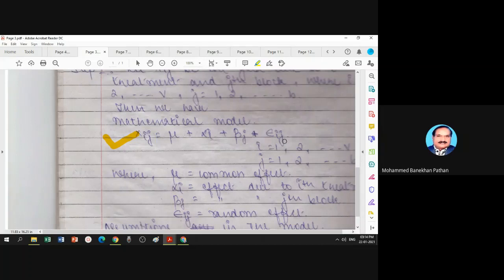And ε_ij, that means for every plot, there is some effect of a random factor, error factor.